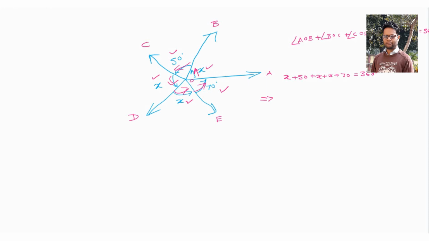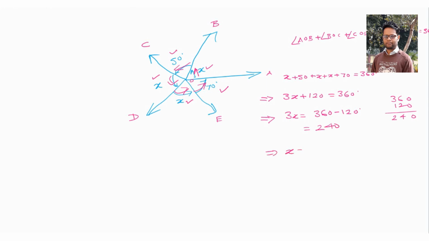So x plus x plus x, that means 3x, plus 70 plus 50, 120 degree is equal to 360 degree. Now this is 360 minus 120, 240.